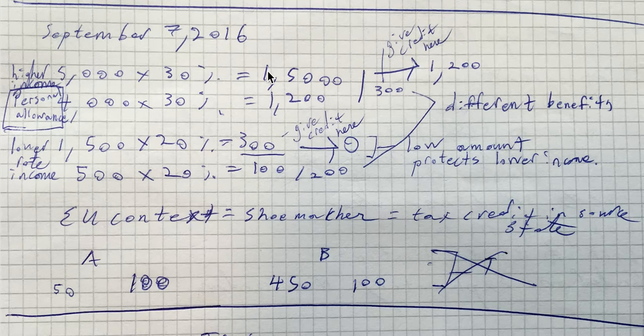And let's say they get a tax credit of 1,000. So they get a credit of 30%, which is of 1,000. Normally they'd be paying 30% tax, right? So it's 5,000 times 30% equals 1,500.